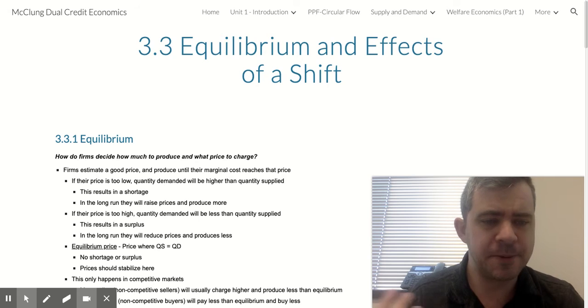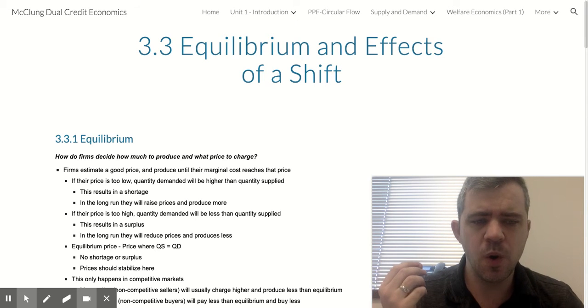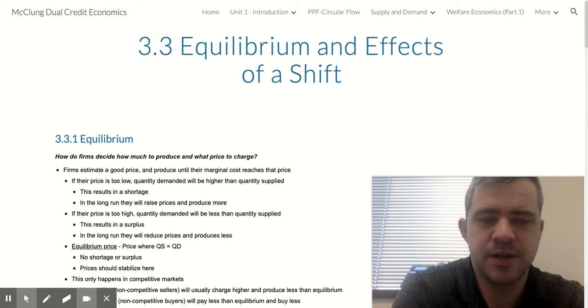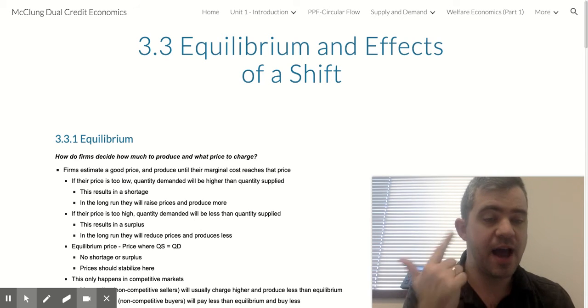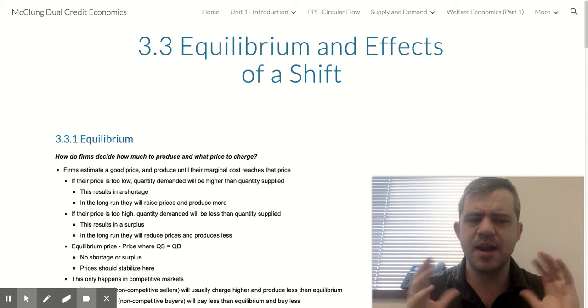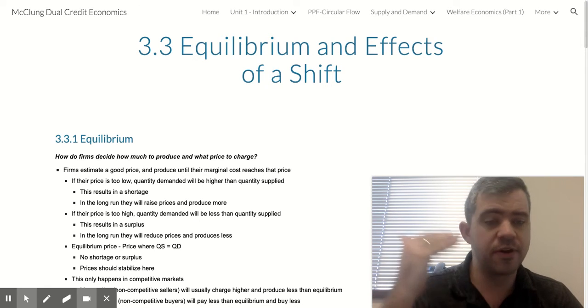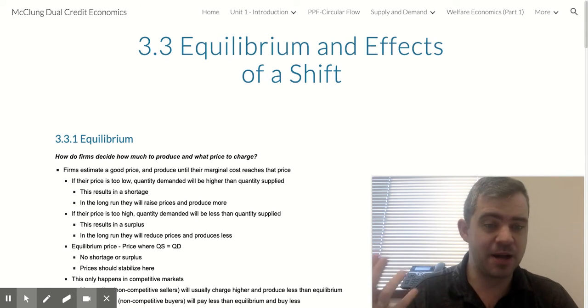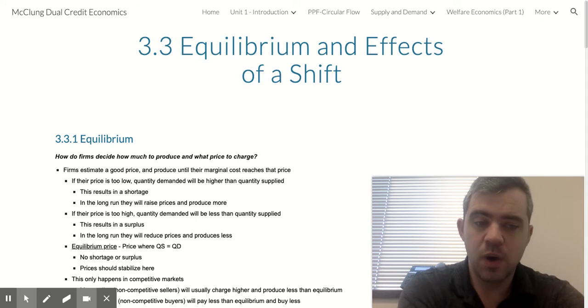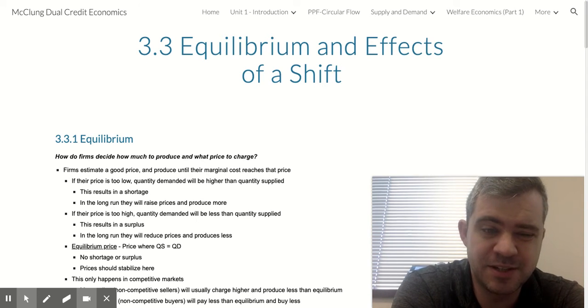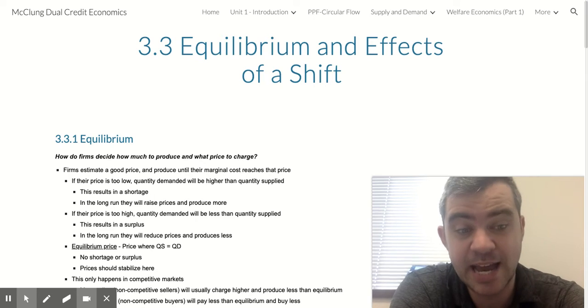Okay. So let's start by talking about price and quantity. In a market economy, how do producers figure out what they're going to charge and how much they're going to produce? Well, at first, the short answer is they kind of guess.